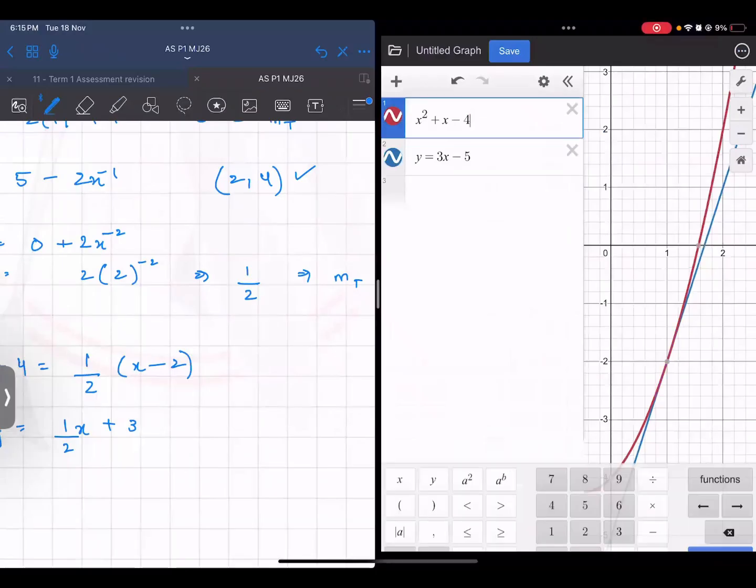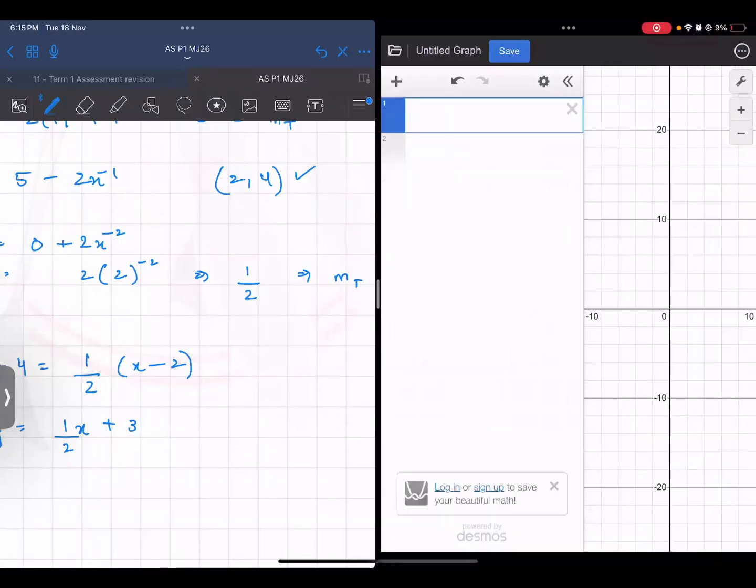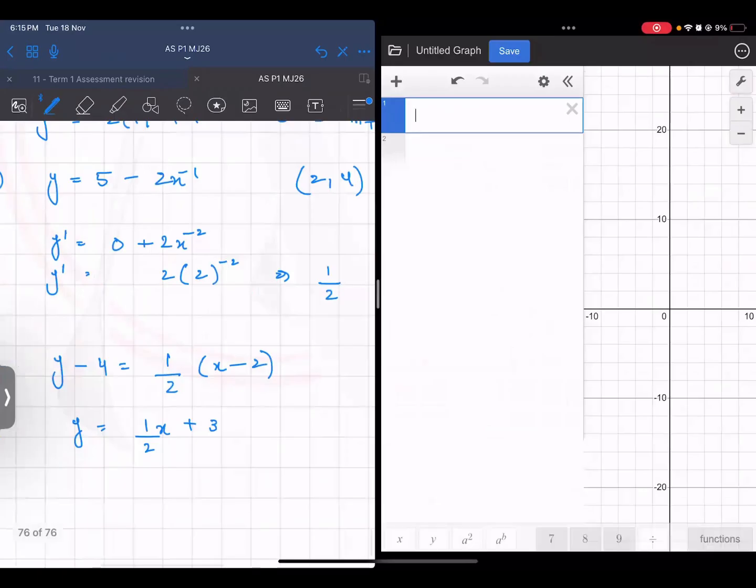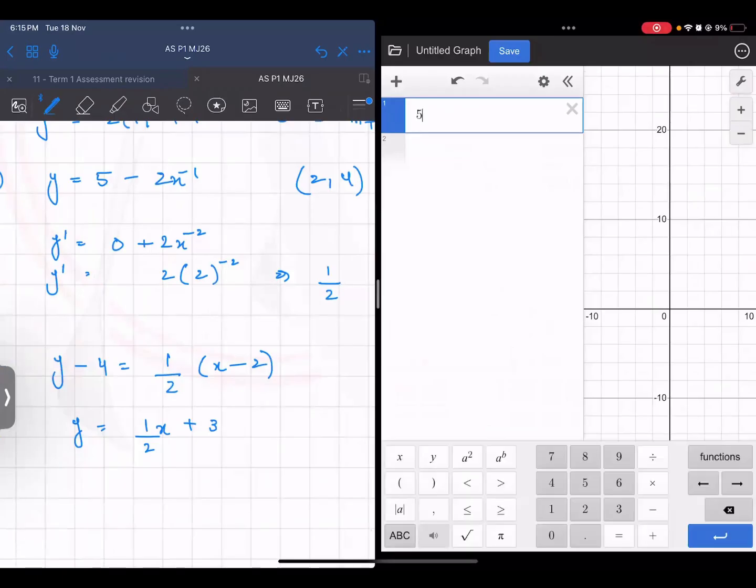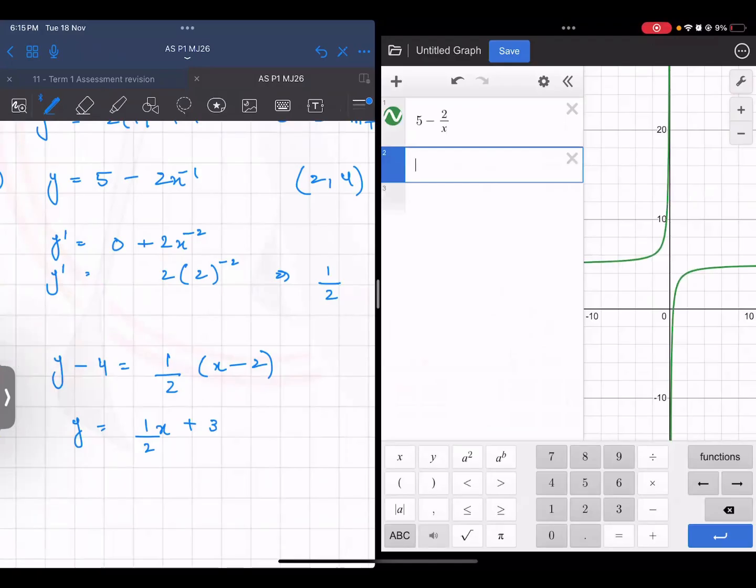Let me show this as well. So your function is 5 minus 2 upon x. This is your original function, and your equation of tangent is 0.5x plus 3.